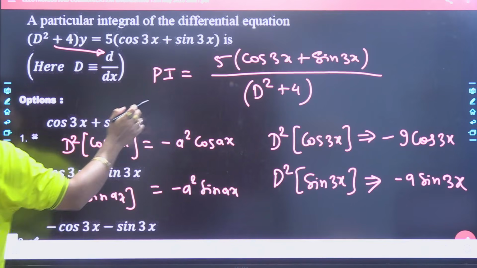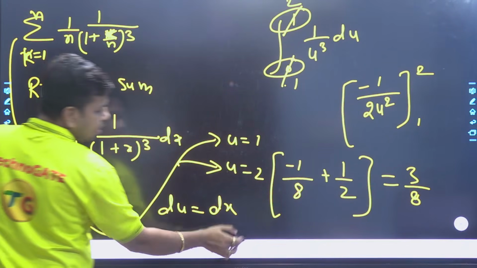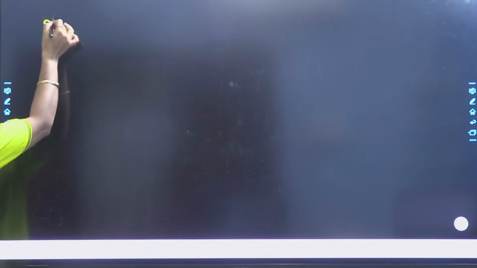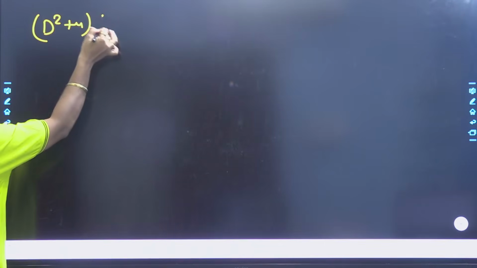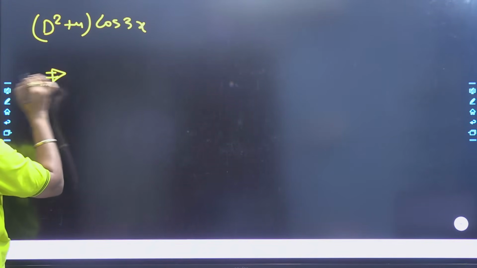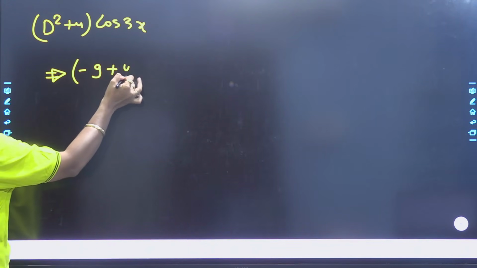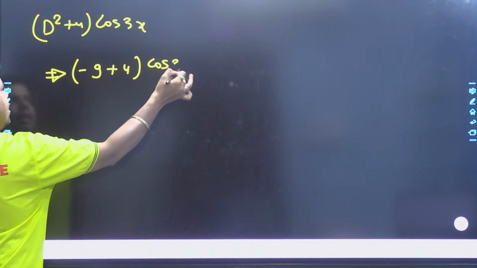Okay, now we need to find out D square plus 4 of cos 3x. Let's see. D square plus 4 of cos 3x. So what we can say, D square is what? This is minus 9 plus 4, cos 3x.